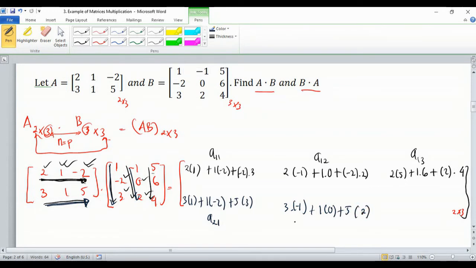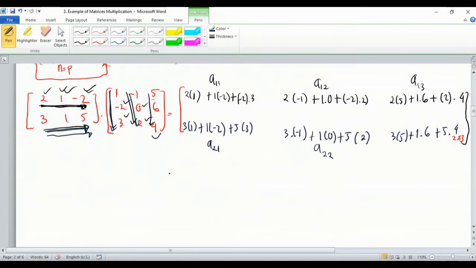This is the second row with the second column. And last, the second row with the third column: 3 times 5 plus 1 times 6 plus 5 times 4. After that, you just need to calculate all of them.